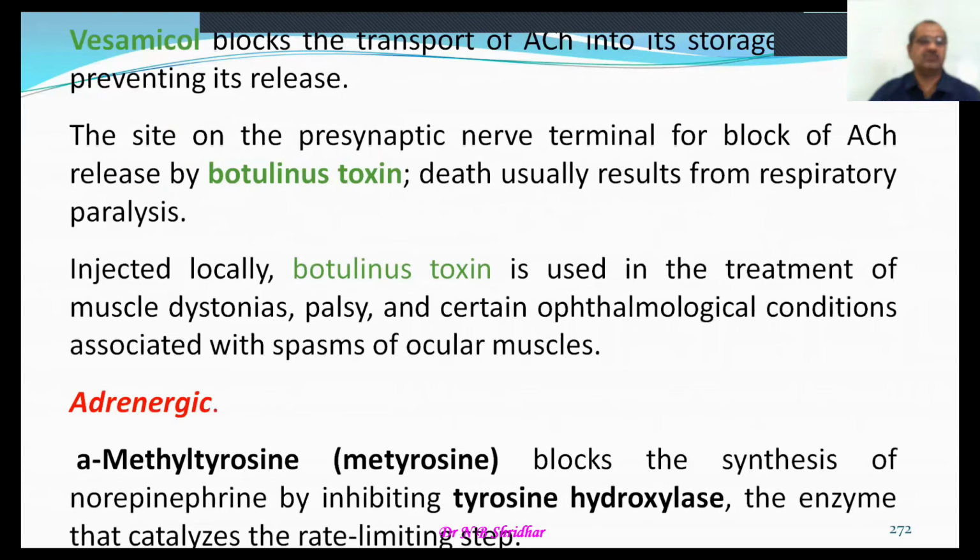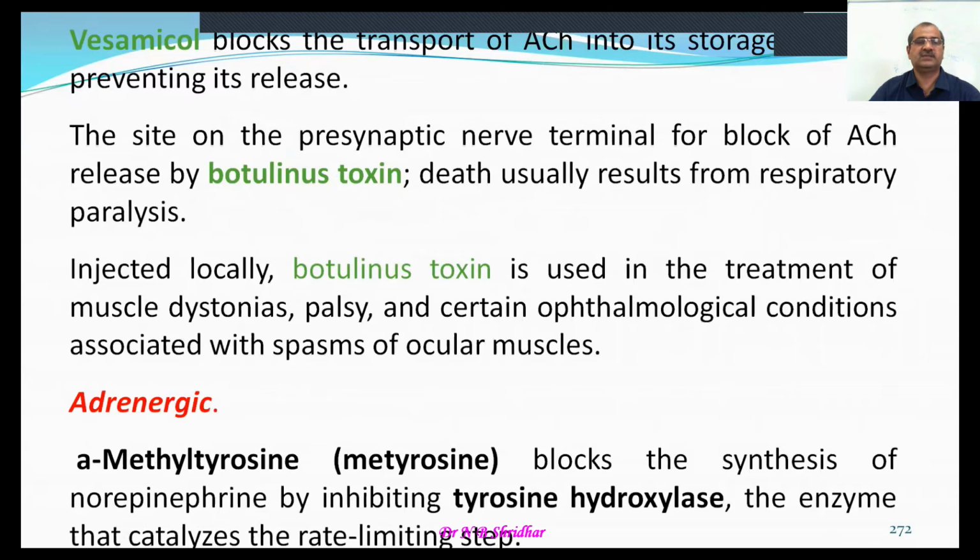Another thing is vesamicol, which blocks the transport of acetylcholine into storage sites, whereas hemicholinium inhibits the uptake of choline from the peripheral nervous tissue. The vesicle blocker prevents the release of ACh by blocking its transport into storage sites.